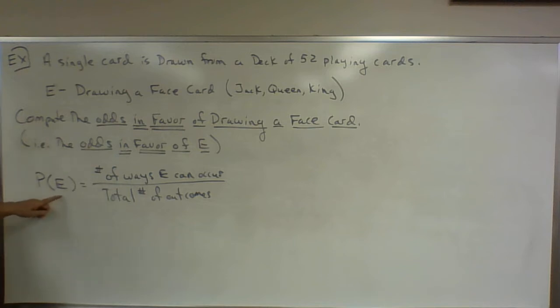The probability that E occurs is the number of ways that E can occur divided by the total number of outcomes.